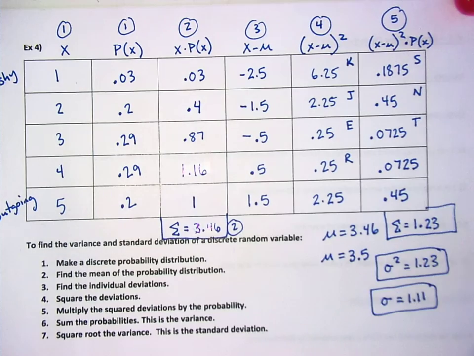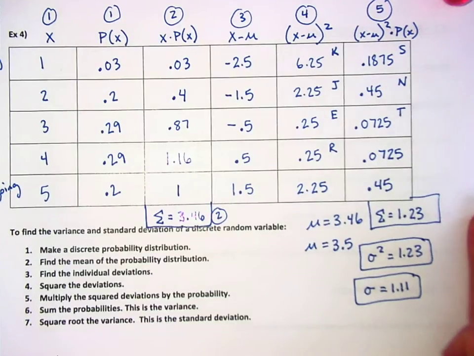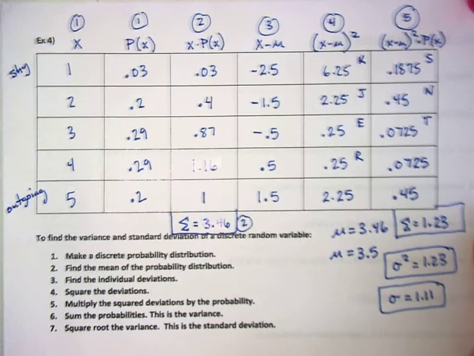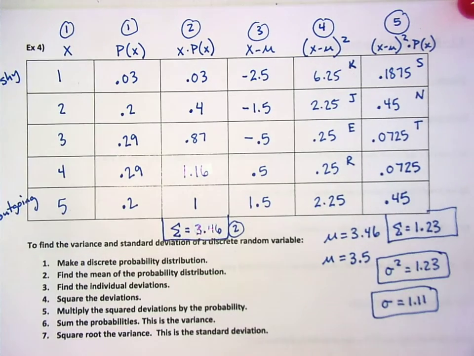Is that a reasonable answer? Is it reasonable to think that if the average is 3.5, that it varies about 1.1 above and below that? Yeah, what would be unreasonable? What would be obviously wrong? 0, because that's not all exactly on 3.5, right?